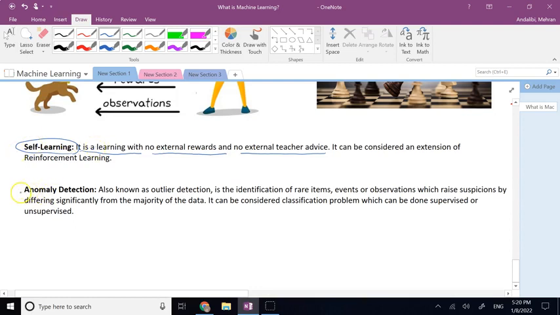And the final thing, another category that I see a lot here and there, is called anomaly detection, which is detection of outliers, detection of cases that are out of the ordinary, right? Rare occasions, rare items, observations that can raise suspicions. For example, you probably have seen your credit card company send you an email and say, hey, have you done this transaction?